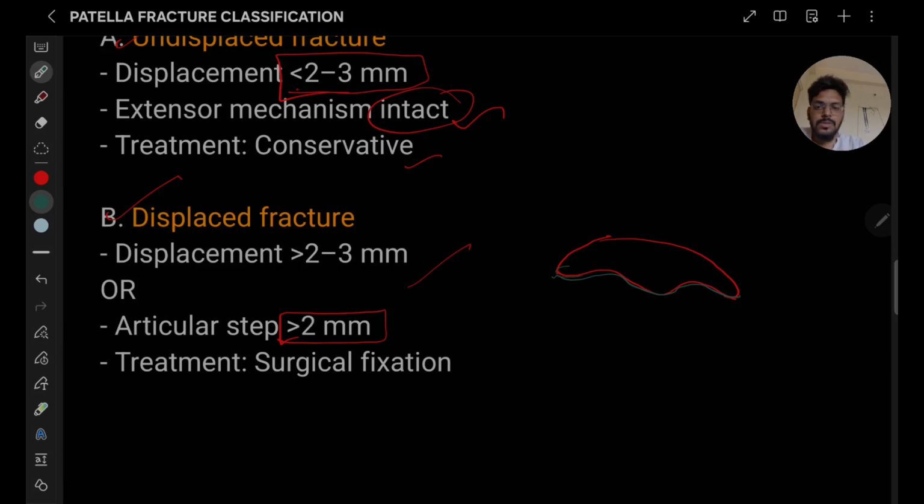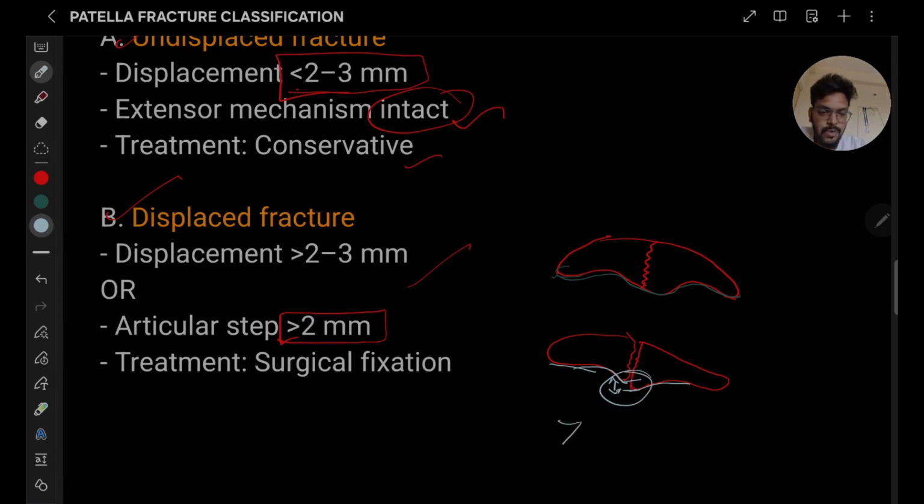So if the patella is fractured, let's say here, and is displaced like this, then in the articular surface, the gap here should be less than 2 mm.